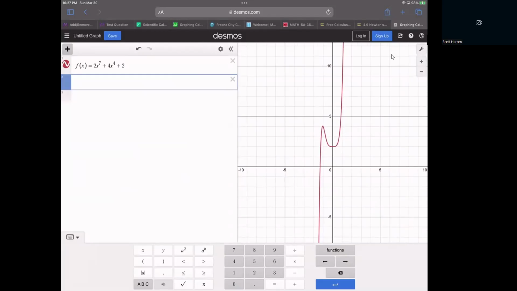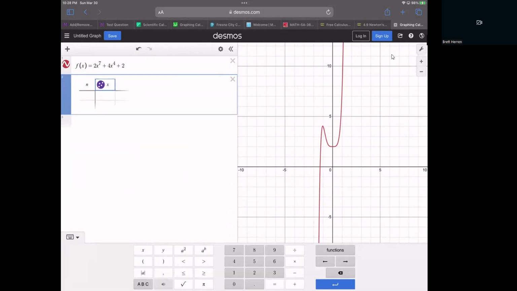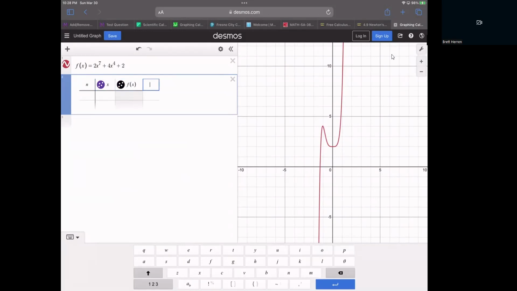And then I'm going to add a little plus sign up there, a table. I go up to the top, and I'm going to make that n. You go to the next spot, make it x. Next spot, make it f of x. Next spot, make it f prime of x.